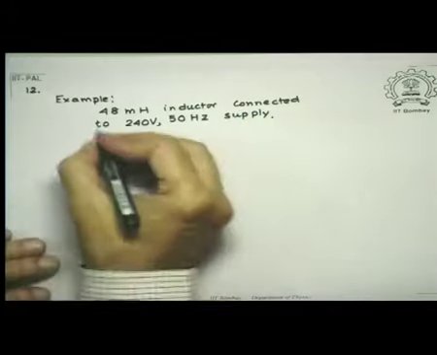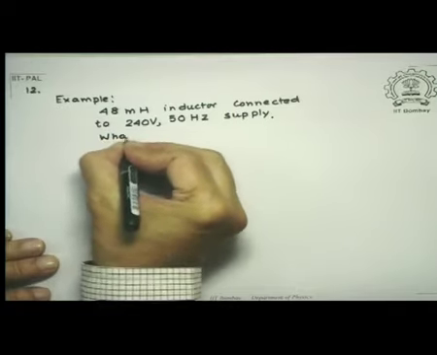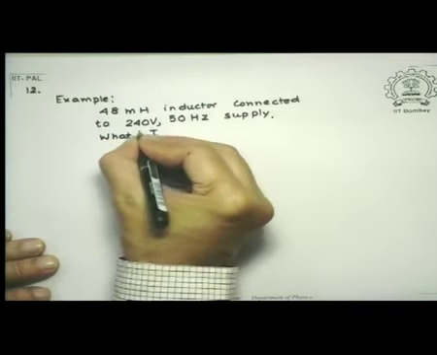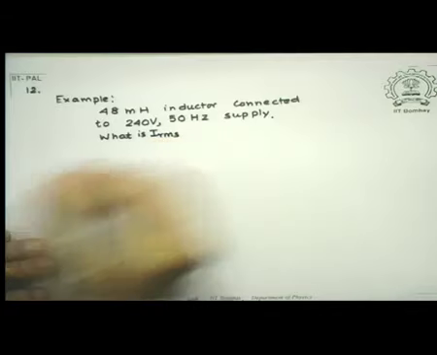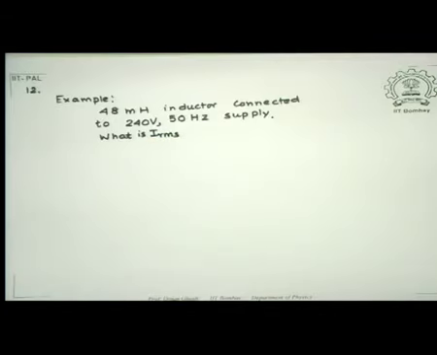I need to find out what is the RMS current. I don't have to tell you that whenever we are giving the value of voltage or current, they are RMS values. Otherwise, we would specifically point out that these are peak values.